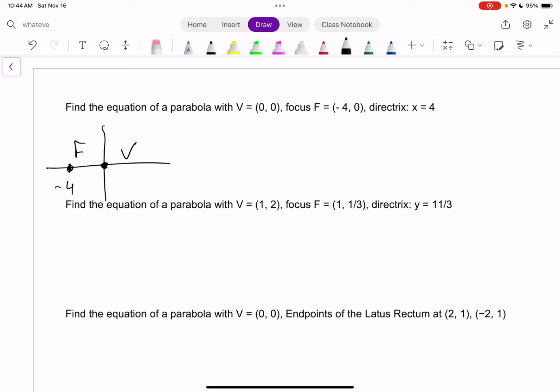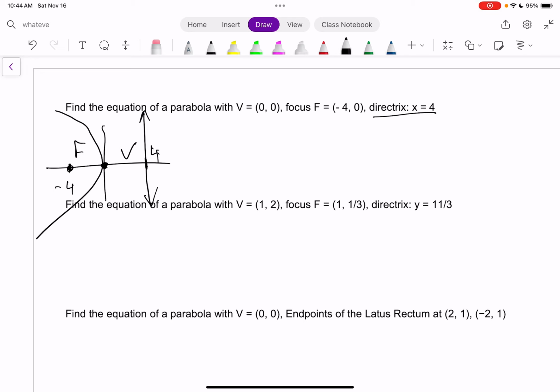So to find the focus, we had to go left by 4 units. And the fact that the directrix has equation x equals 4 is a bit redundant, as of course the directrix is going to be on the opposite side of the focus, so we really don't need this information.